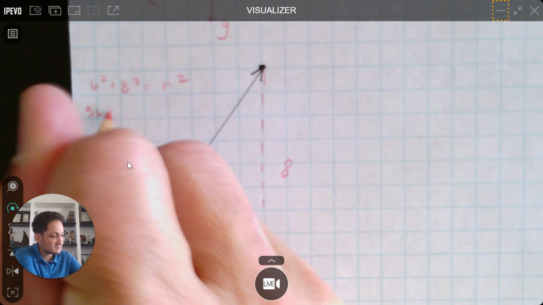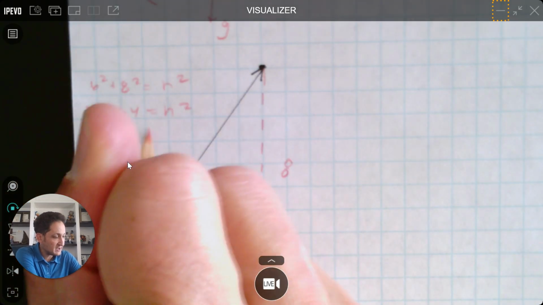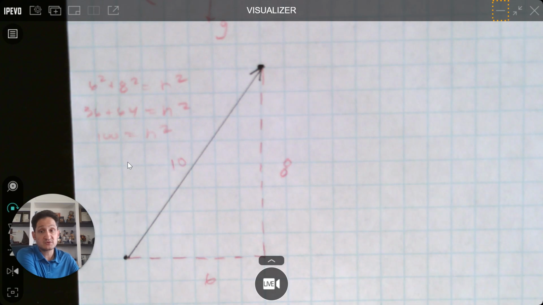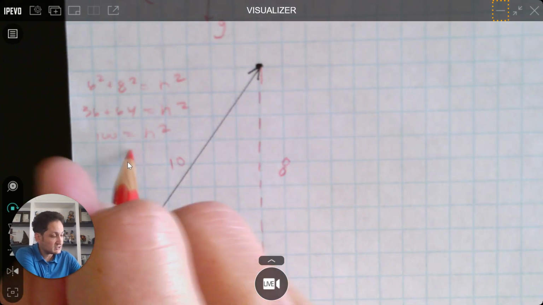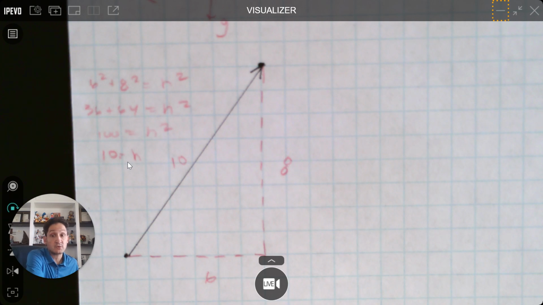So 36 plus 64 equals the hypotenuse squared. 100 equals the hypotenuse squared. We can take the absolute value of both sides and we can take the square root. H equals 10. And we only care about the positive version because it's an actual distance. There's a lot of other steps I'm skipping for the purpose of this. Anyway. Cool. That's my vector.